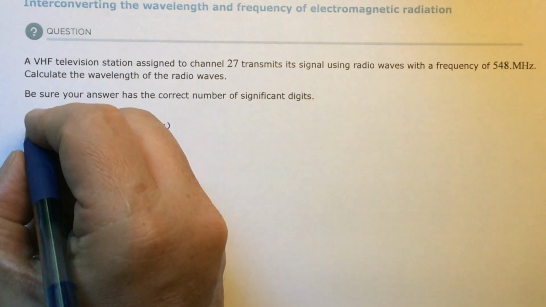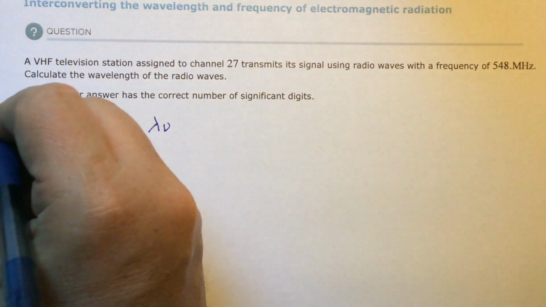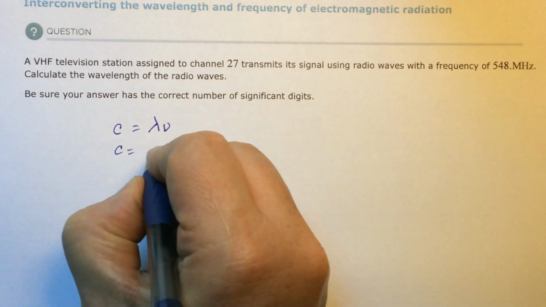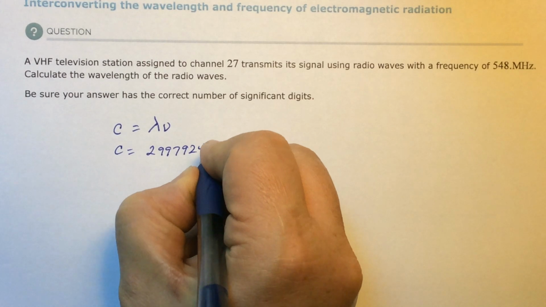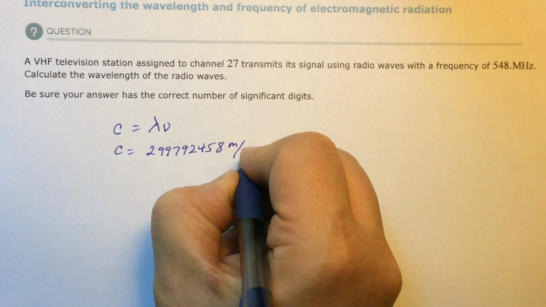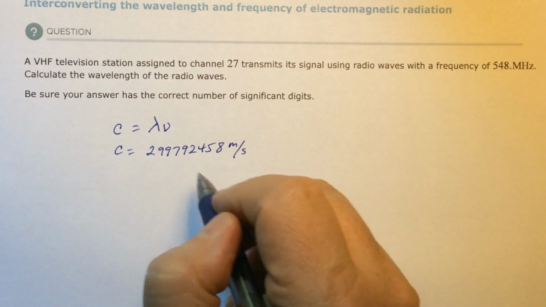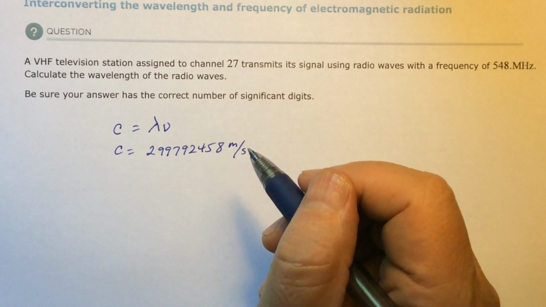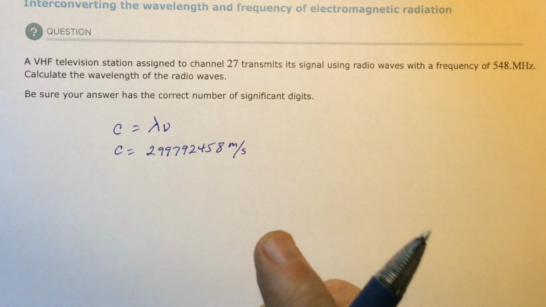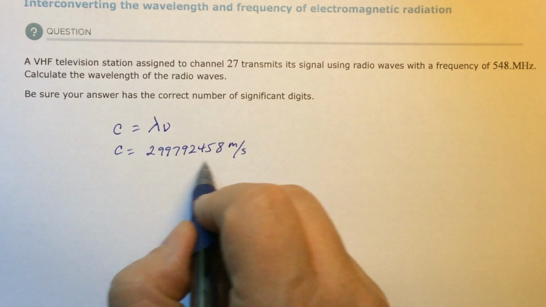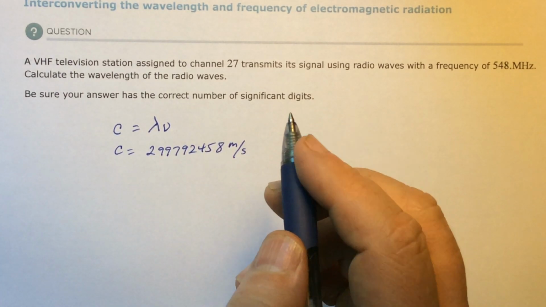I think they're using the long one. So the speed of light is 299,792,458 meters per second. I would never make you learn that. I don't even know it. 3 times 10 to the 8, you see everything simply rounds up to 3, and then 10 to the 8 meters per second. But I think you need this in order to get it right.